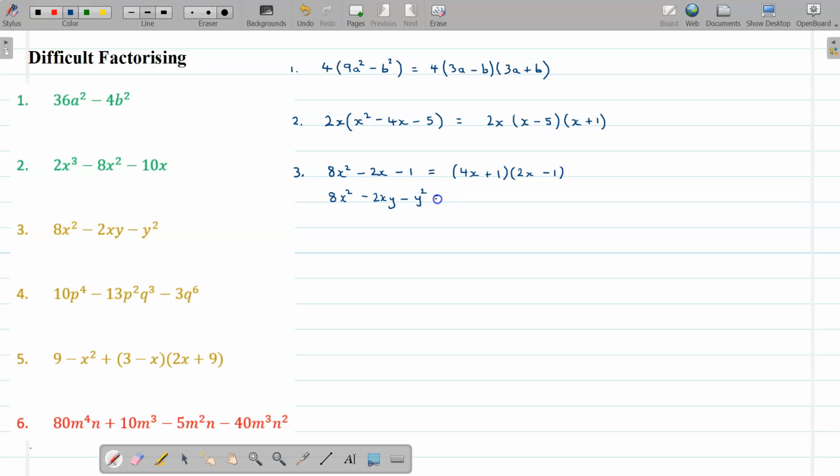So what we need to do is come over here and see how that changes things, and it should be quite easy to see that in this case we replace the 1 back with the y. Okay, and you can check that by multiplying that out, and you do indeed go back to this expression here. Okay, so that's the answer to the first 3.